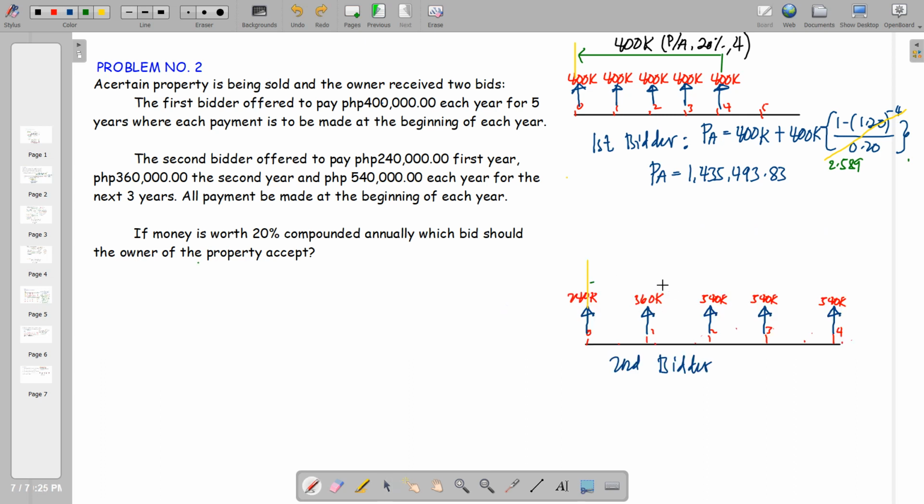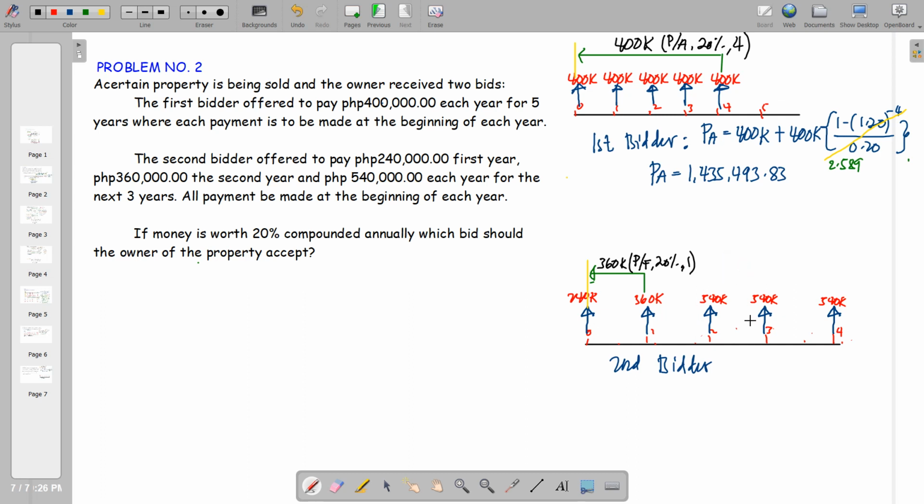Okay, so the first value to be computed back to the present time or zero time or year zero, the 360 mo namin. So we bring that to that year zero. So 360,000 times finding P given F at 20% at 1 period.